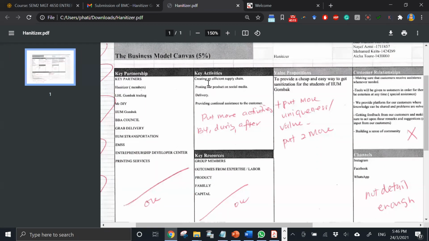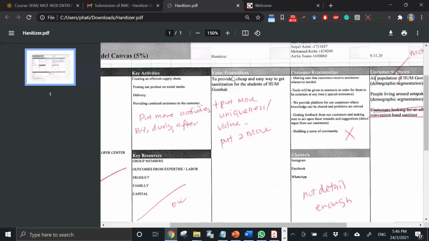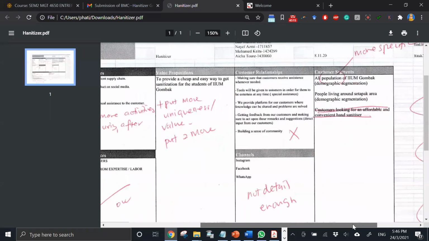This one they put key activities, very simple, and it's not enough when it comes to before, during, after. Value proposition, you need to put more uniqueness. Put more than two. This one is customer relationship: making sure that customers receive assistance whenever needed. This one is okay, but if you see a BMC, the first thing you put within all these boxes means that is the most important one.